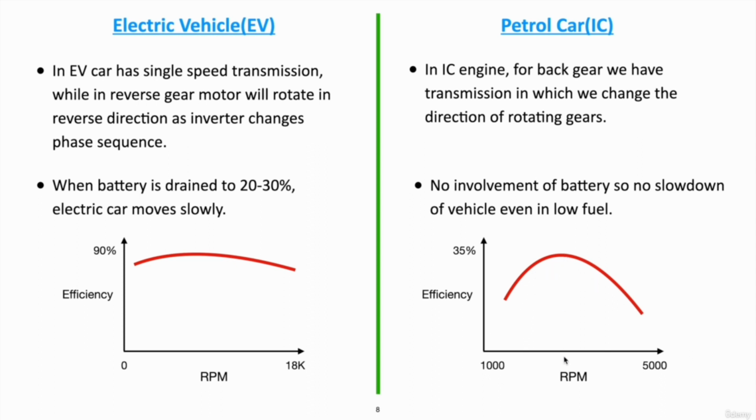So we have an optimum RPM where the efficiency is highest, which is 35%. That's why we always say don't drive too fast in a petrol car, because the efficiency of the vehicle decreases. The optimum RPM is around fifth gear, which is around 80 to 100 kmph. So this is all about electric versus petrol engine.